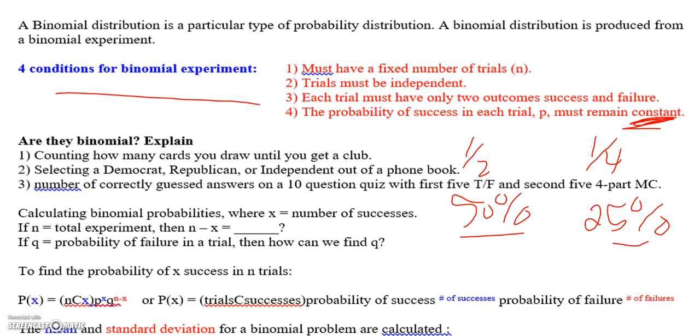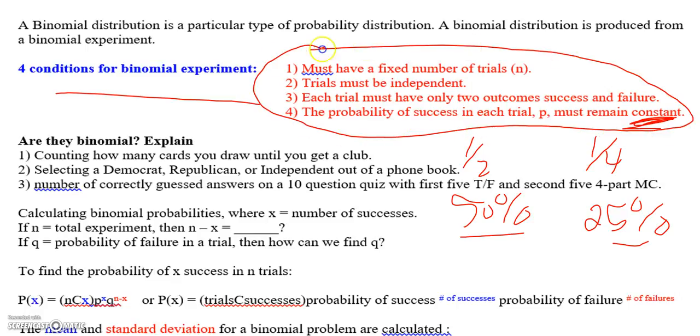So it has to pass all 4 of these things for it to be a binomial experiment, for us to be able to do a binomial distribution on it.